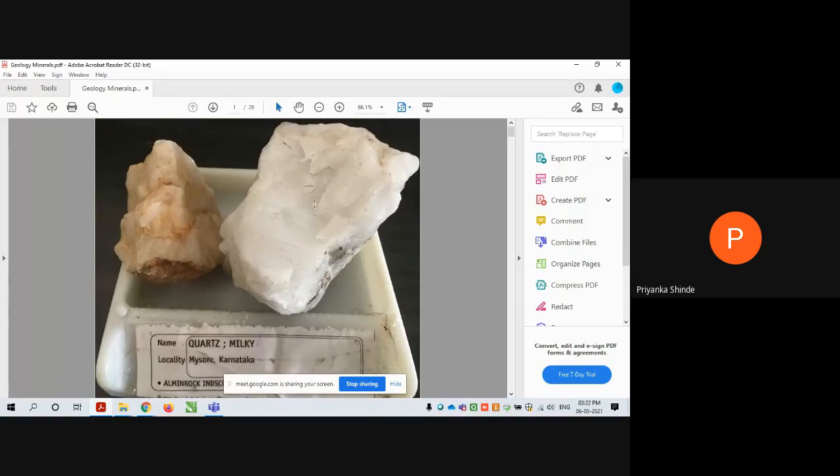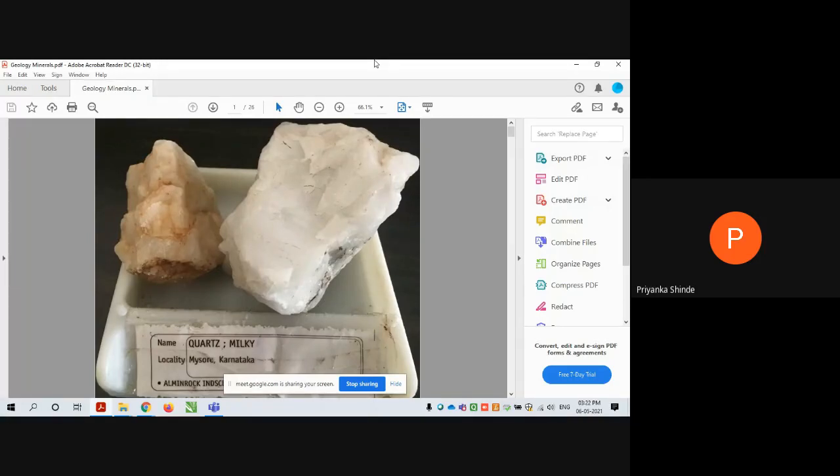Okay, so the first one is the quartz varieties. Varieties of quartz we are going to discuss. The main properties we have to understand are color, streak, luster, diaphanity. These four are the light dependent properties we discussed in the previous class.